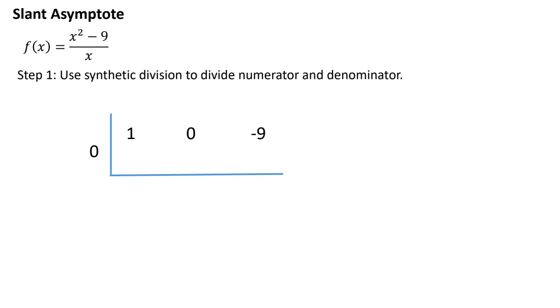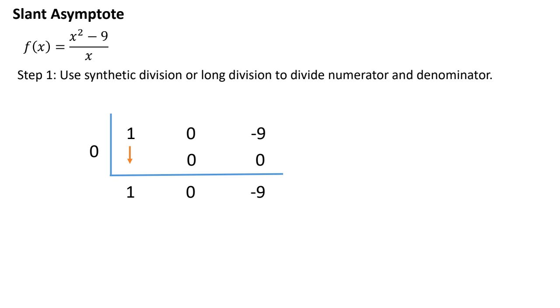Okay, so I'm going to divide by 0. Again, I bring down my 1. 0 times 1 is 0. 0 plus 0 is 0. 0 times 0 is 0. And -9 plus 0 is -9.